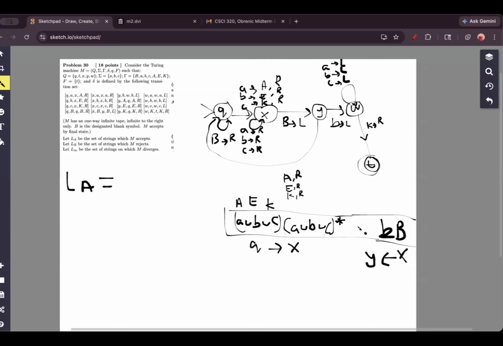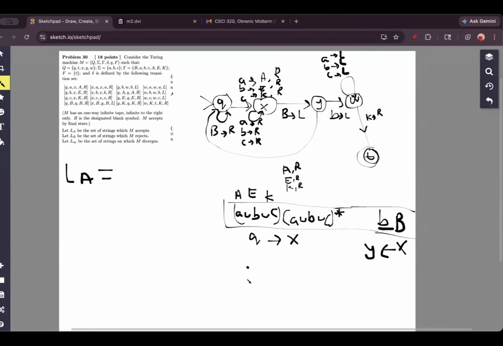Not a blank, sorry, a B to W. And then to go from W, I'm looking over here where I'm looping all the stuff. And then C, K. So I'm assuming you would have to see A, C, and state Q.